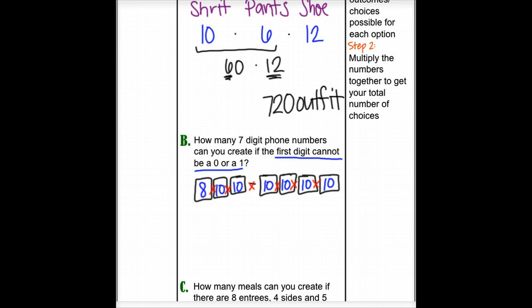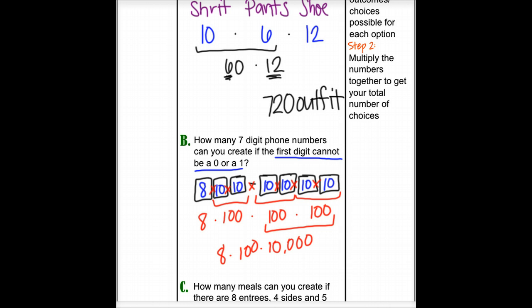And so I know that 10 times 10 is 100. So I have here 100 times 100, and I have another here, 100, still times 8. Well, 100 times 100 is 1 with 4 zeros, so that's 10,000 times 100 times 8.